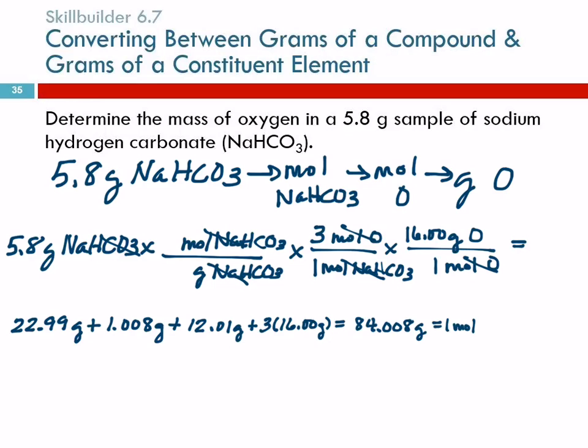I've been doing it with molar masses containing 4 sig figs, so this would have 4 sig figs. But I don't want to round it off just yet. It's best to not round anything until you get to the end and you've got your final answer. So now I'm going to try to squeeze this in here, 84.008. Any questions?